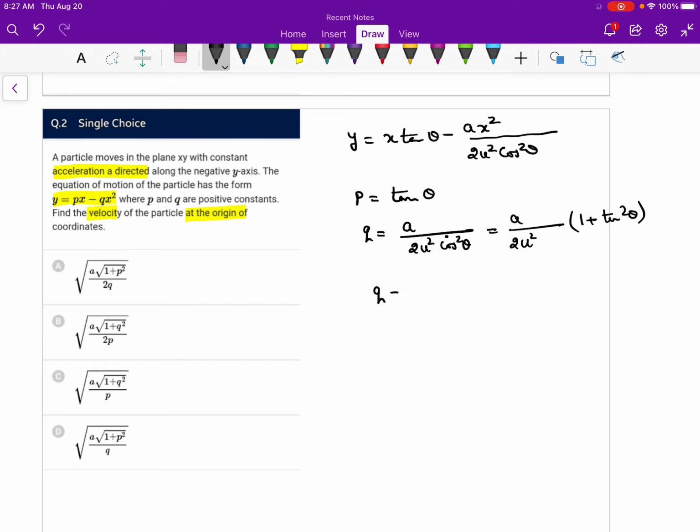So that is Q equals a upon 2u square times 1 plus tan square theta, which is p square. Okay, so u is a by 2q times 1 plus p square, whole under root. So there is a mistake in the option. Actually it should be a upon 2q under root 1 plus p square. This under root should not be there. There is a mistake in the answer.